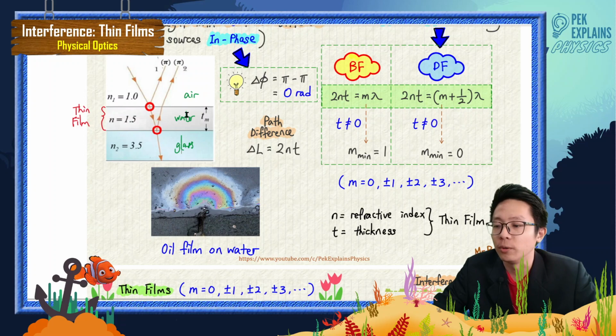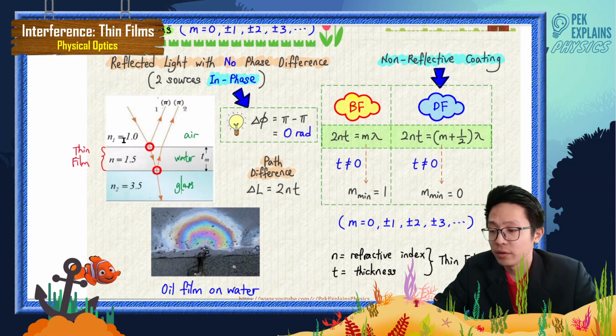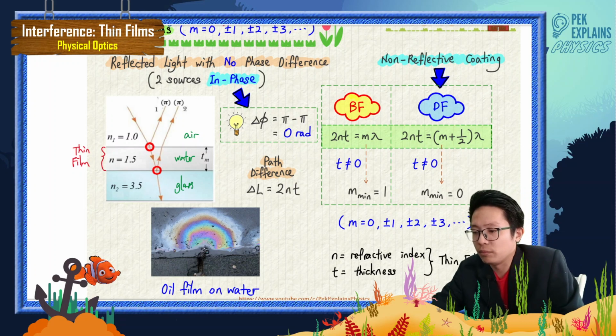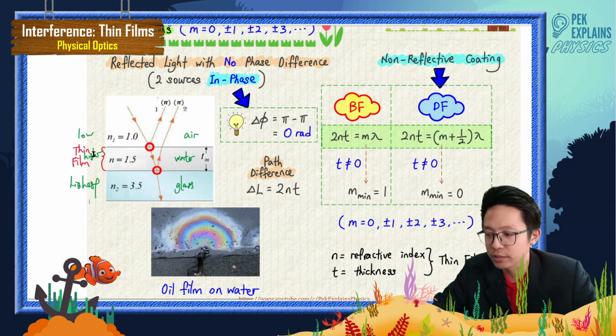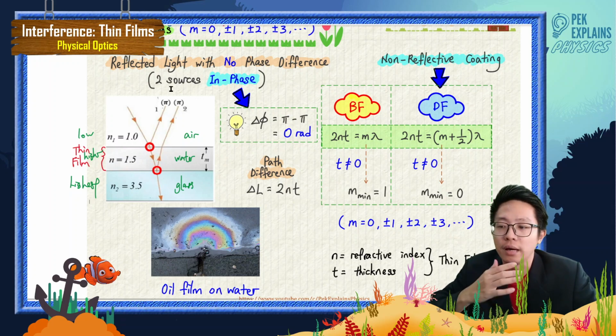So in this case, from low refractive index going higher, and then going to the highest refractive index, this will bring 2 in-phase sources.